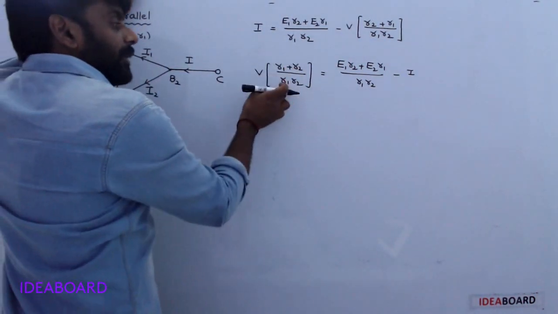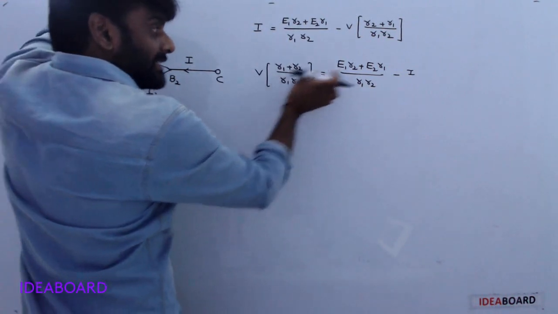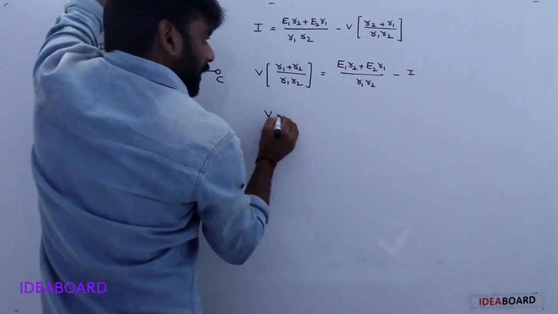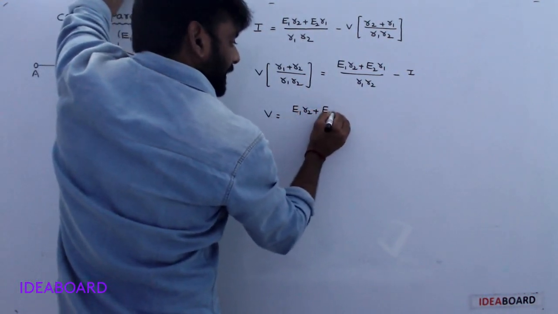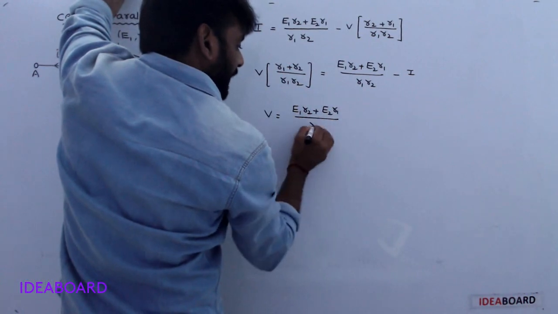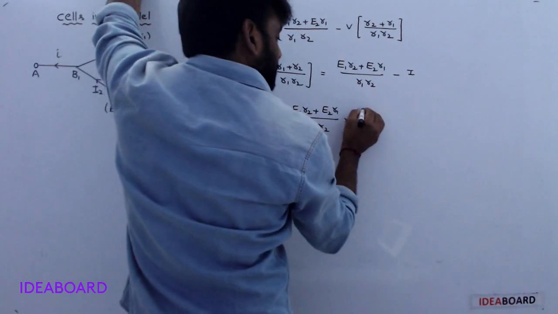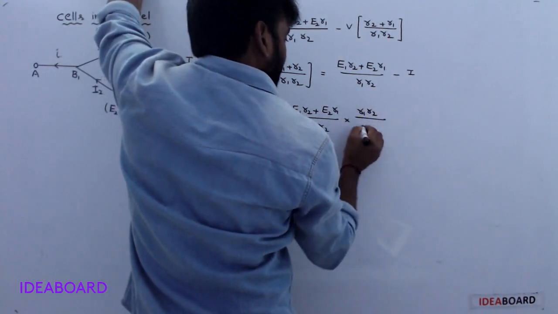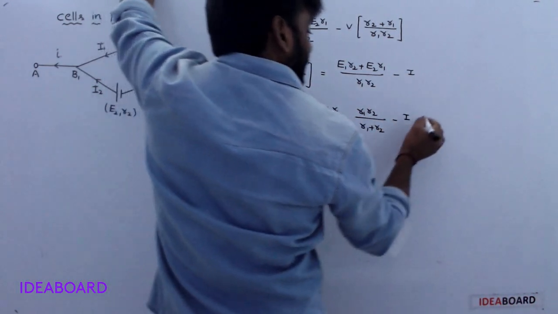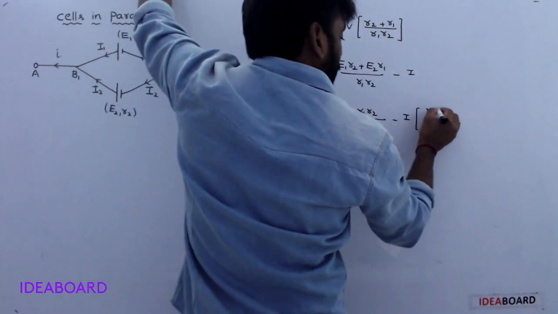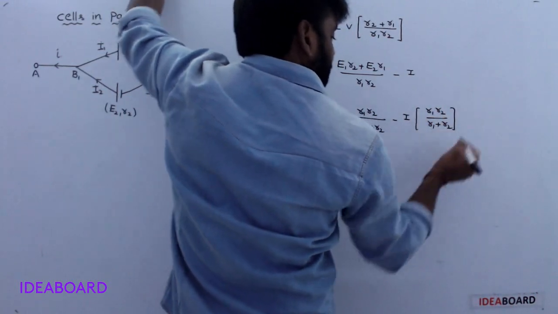Now R1 plus R2 divided by R1 R2 is taken to the other side. V is equal to E1 R2 plus E2 R1 by R1 R2 into R1 R2 by R1 plus R2, minus I into R1 R2 by R1 plus R2.